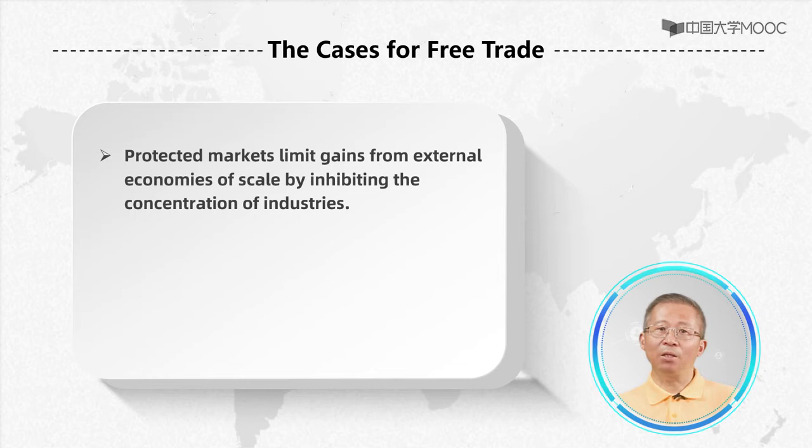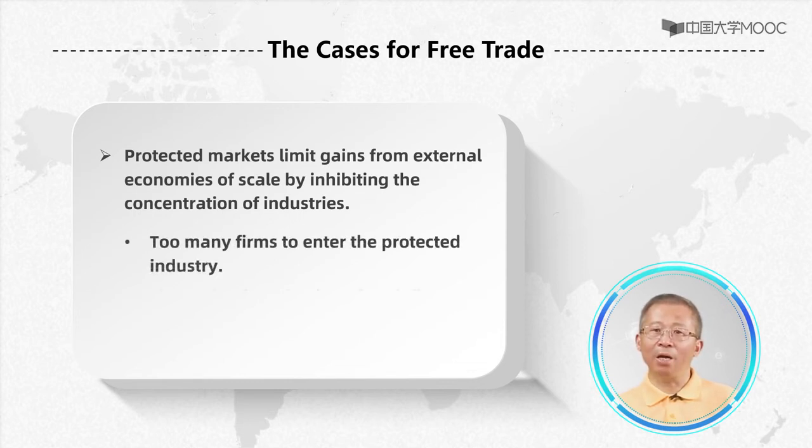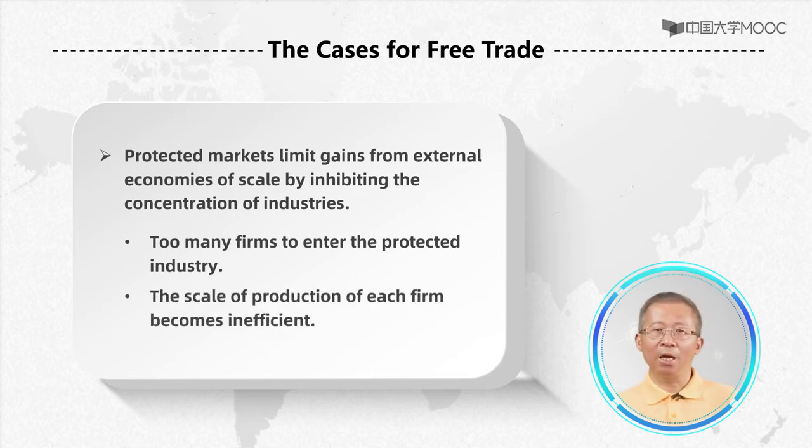When the economies of scale are internal, they not only fragment production internationally, but by reducing competition and raising profits, they also lead many firms to enter the protected industry. With the proliferation of firms in a small domestic market, the scale of production of each firm becomes inefficient.